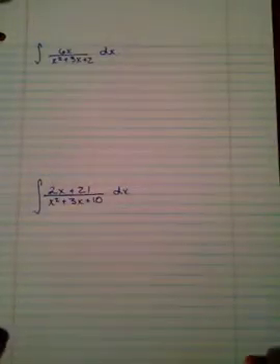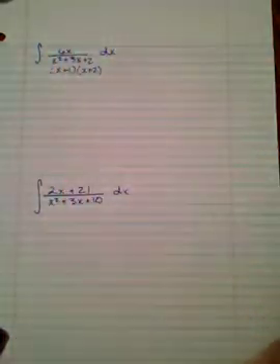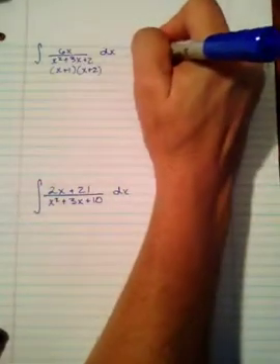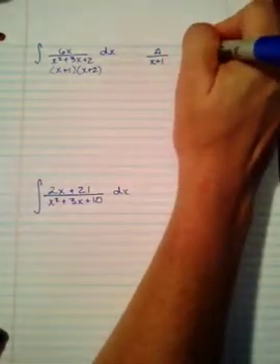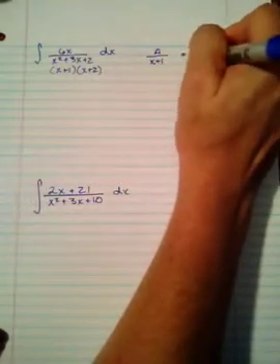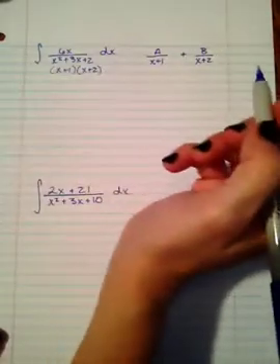So to do this again, step 1 is to factor. I have x plus 1 times x plus 2. Then I write out my partial fractions, a over x plus 1 plus b over x plus 2. Then I'm going to write out what my numerator would be.